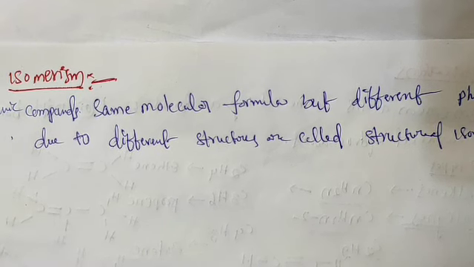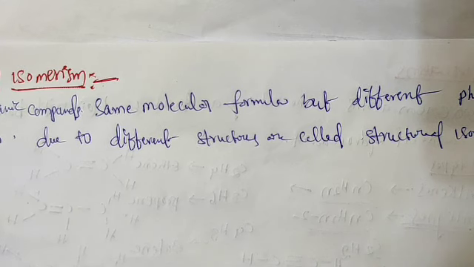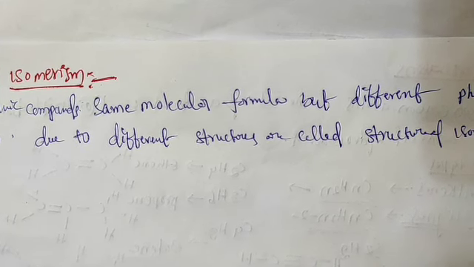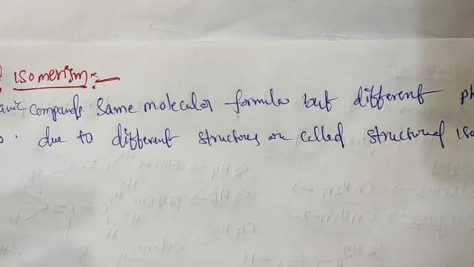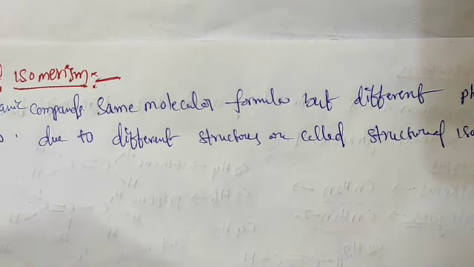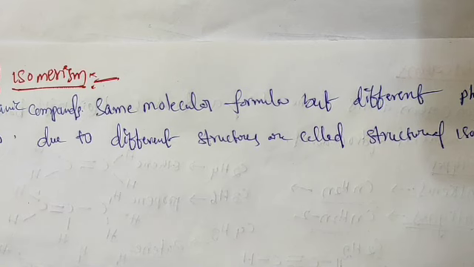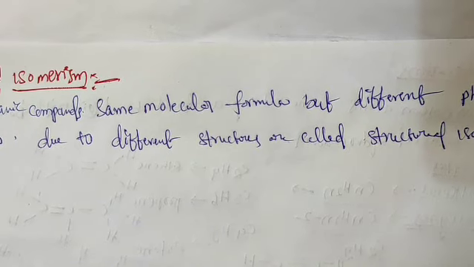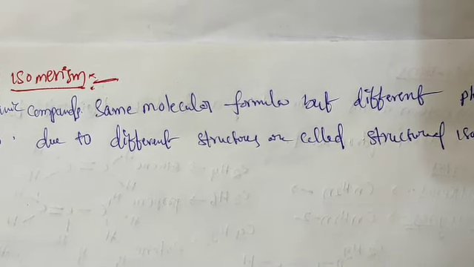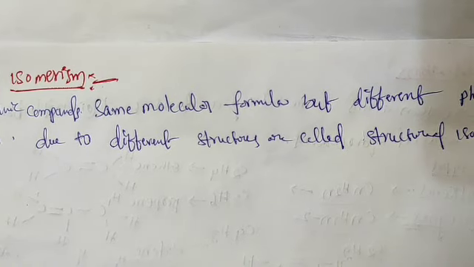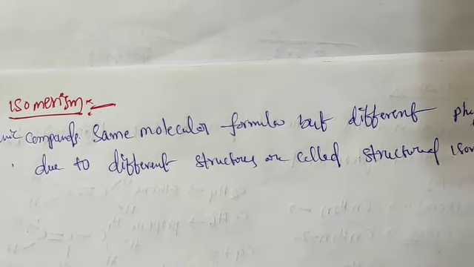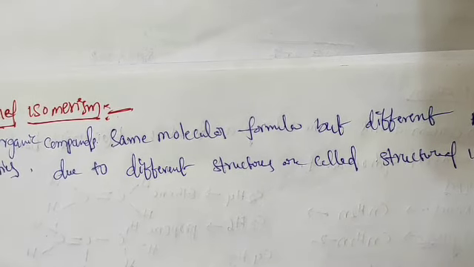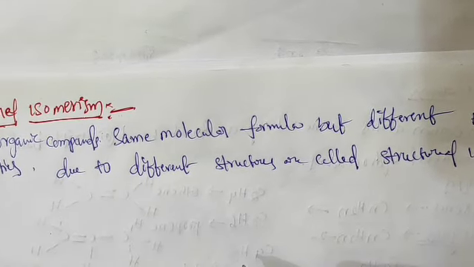Organic compounds having the same molecular formula but different physical and chemical properties, due to the different structure, are called structural isomerism. Because if the organic compound's structural formula is different, it has different physical and chemical properties. How? I will show you some compounds. Difference in structure means the properties are also different, that only is structural isomerism.